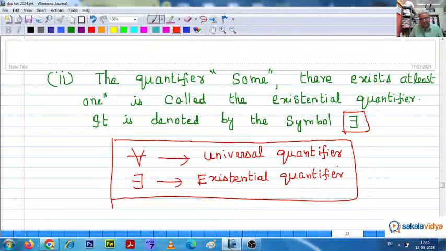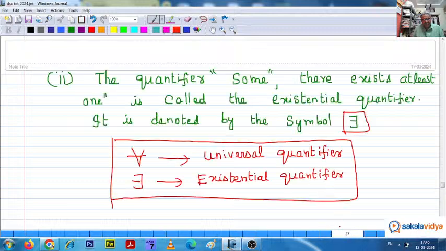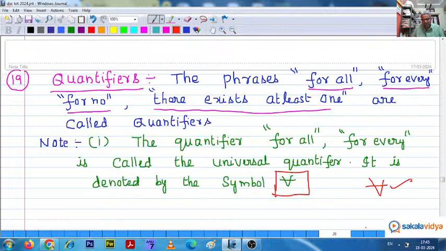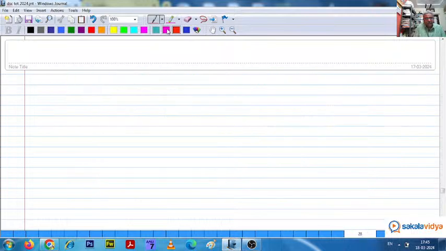Now let us have a discussion on proofs. The next concept is different types of proofs. First is direct proof.